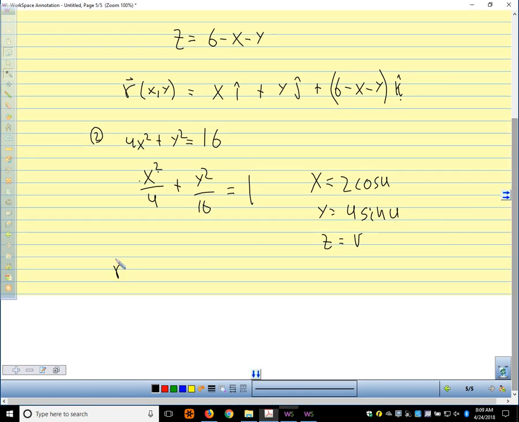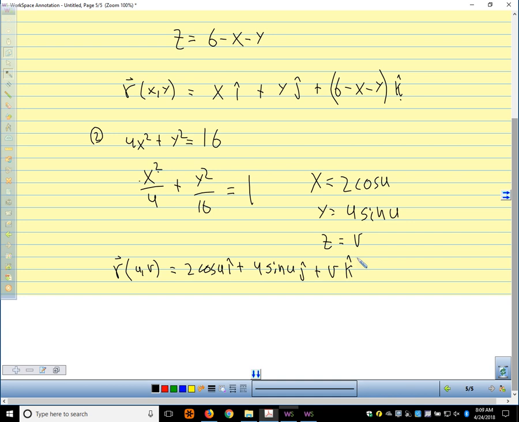So our vector valued function of u and v would be 2 cosine u i hat plus 4 sine u j hat plus v k hat. And that would be a nice parameterization of that surface. Yes? Where did you come up with x equals 2 cosine u and y equals 4 sine u? Because I want x squared over 4 plus y squared over 16 to equal 1. So if I square this, we get 4 cosine squared divided by 4. Okay?